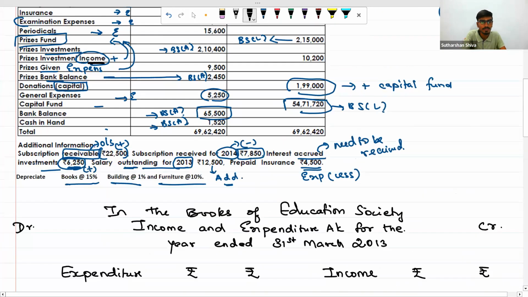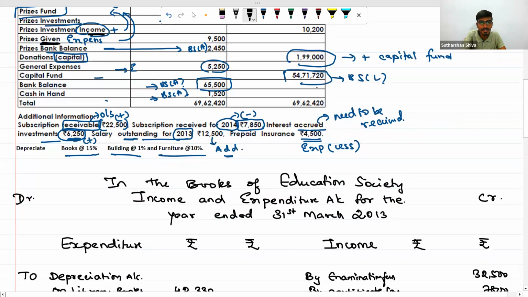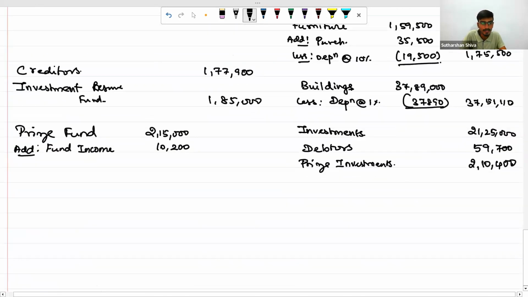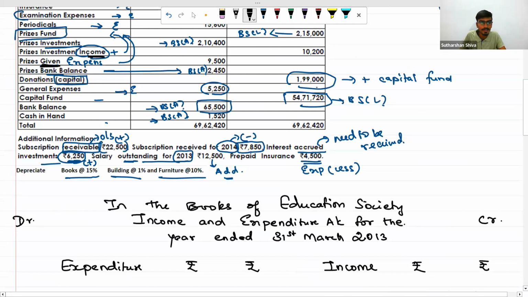Next, prices given is an expense which has occurred, that is 9,500, less fund expenses. We will write prices given, that 9,500 we will deduct.